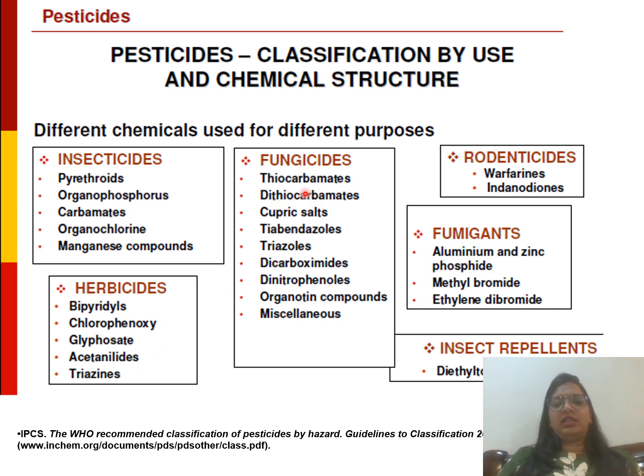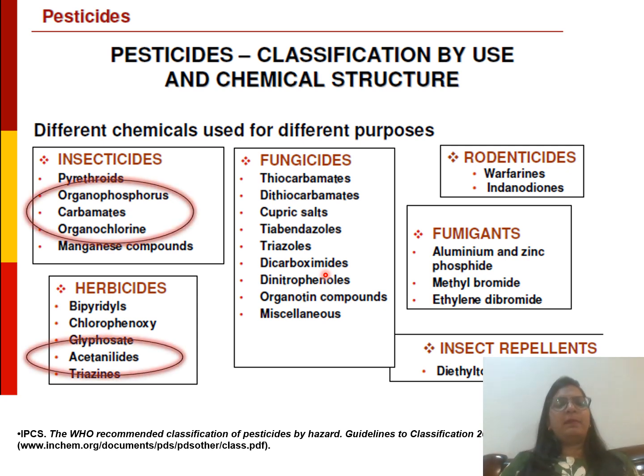Similarly, thiocarbamates and cupric salts come under the category of fungicides. So based upon their chemical structure, we can also divide pesticides. Out of various chemical substances, in this syllabus we are going to discuss some specific pesticides like organophosphates, carbamates, organochlorines, or acetylenides.